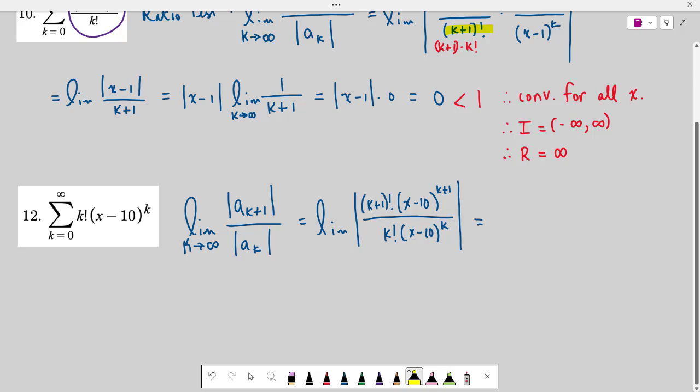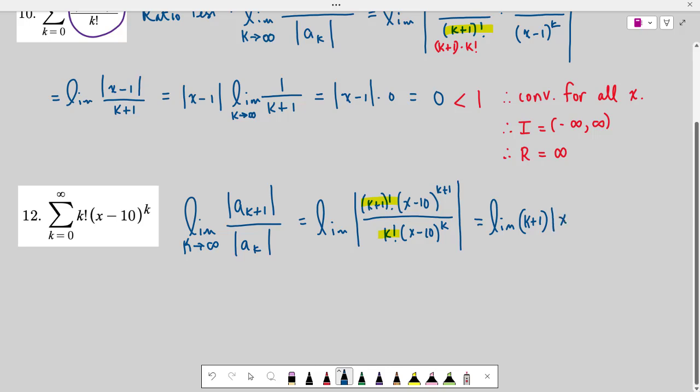Focusing on the k plus 1 factorial and the k factorial, what does that reduce to? K plus 1. We don't need the absolute value even, because that's positive. K is a positive integer. And the other part simplifies to x minus 10, just to the first power.